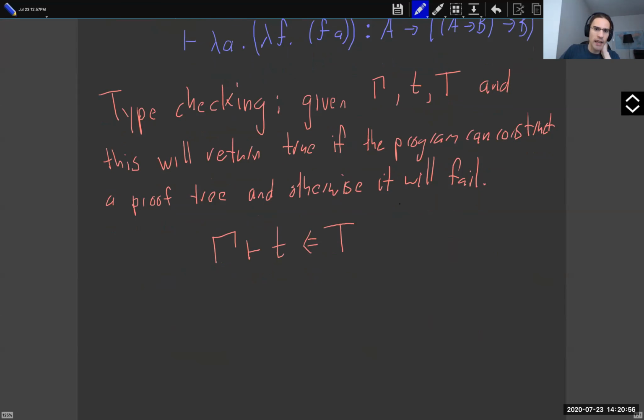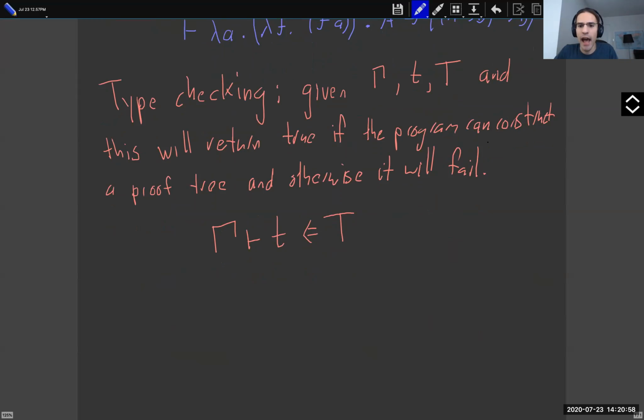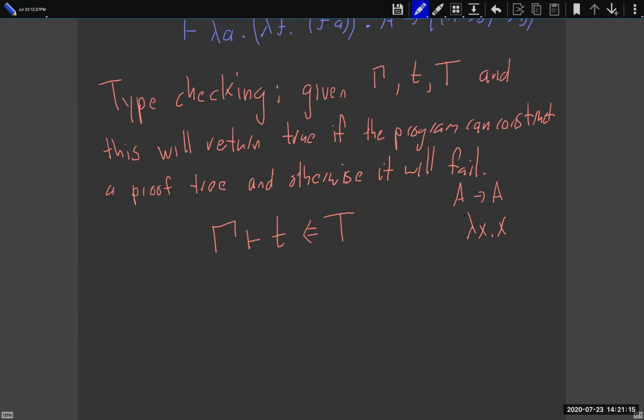Think about it this way. You can have the term lambda x dot x. And in Racket, we typed this term as A to A. But we equally well could have typed it B to B, or even A to A, that to A to A. In a sense, why did we choose A over any other propositional variable?